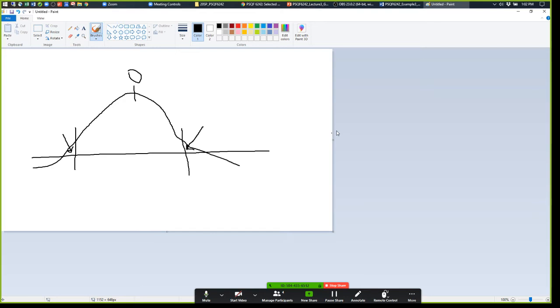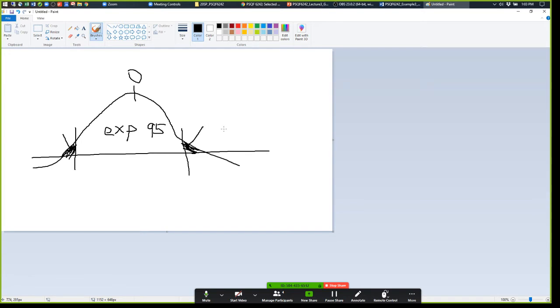So if I select an alpha of 0.05, that means that this area right here and that area right here sum to 5%. Everything in the middle here is expected. 95%.